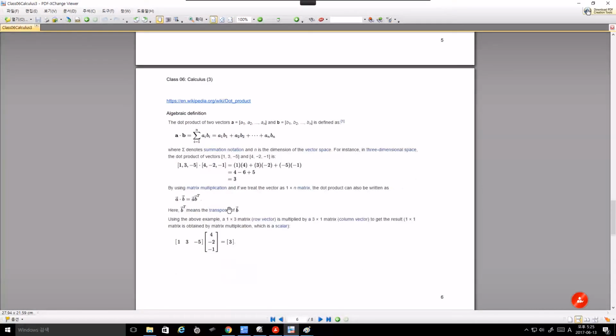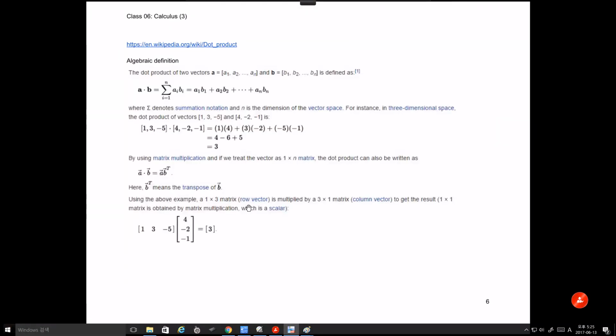Now next, dot product. Dot product is a very interesting concept. So what is a dot product? Let's discuss the algebraic definition of a dot product. In order to calculate a dot product, we need two vectors. So suppose we have two vectors with the same length, or the same number of entries.